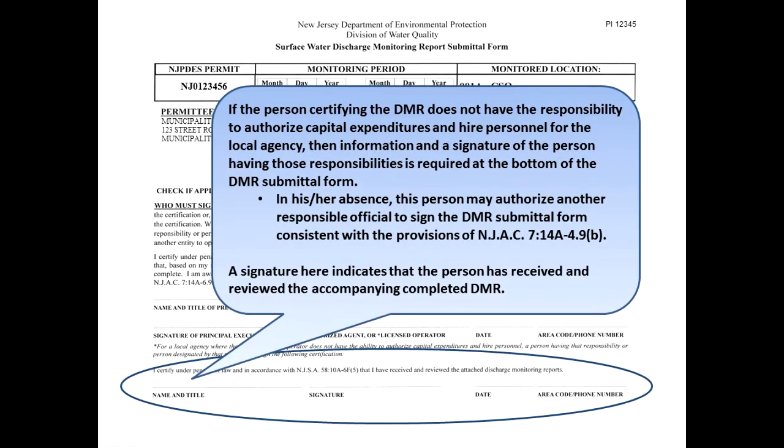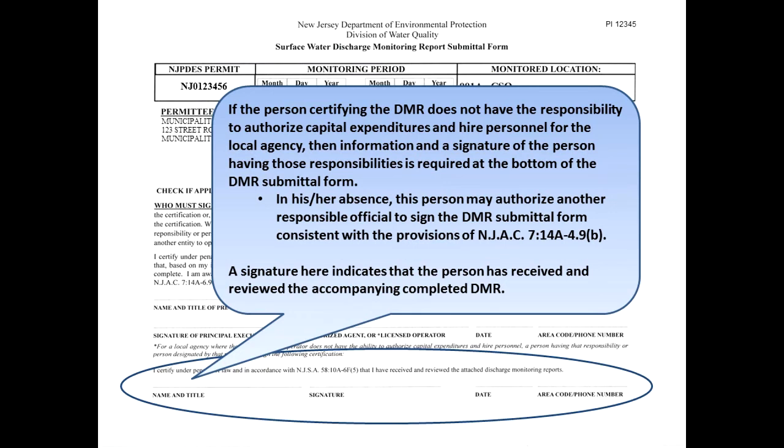If the official initially certifying the DMR on the line above does not have the responsibility to authorize capital expenditures or hire personnel for the local agency, then certification from the official having those responsibilities is required at the bottom of the DMR submittal form. Their signature on the DMR submittal form indicates that they have received and reviewed the accompanying DMR.